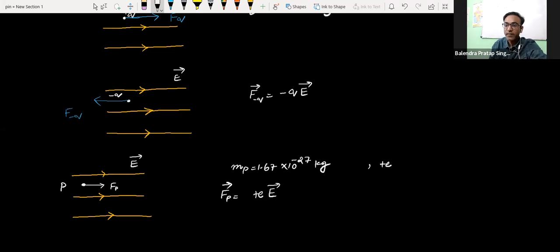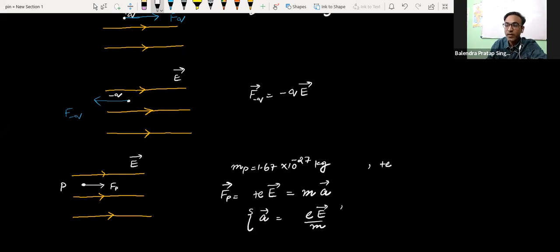When the proton experiences this force, it will also start accelerating. You can find the acceleration by using F equals ma, so the acceleration is equal to e times vector E divided by m.